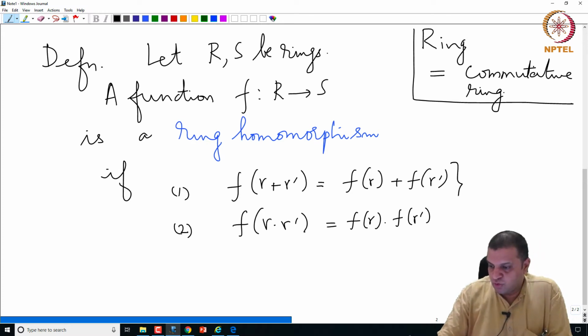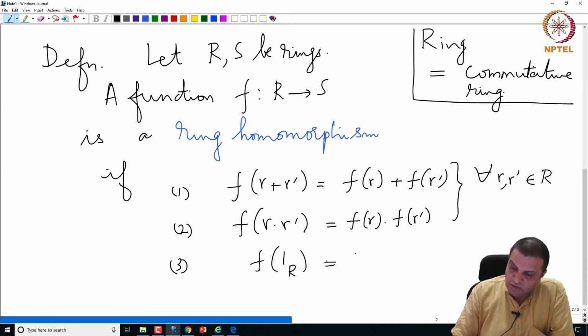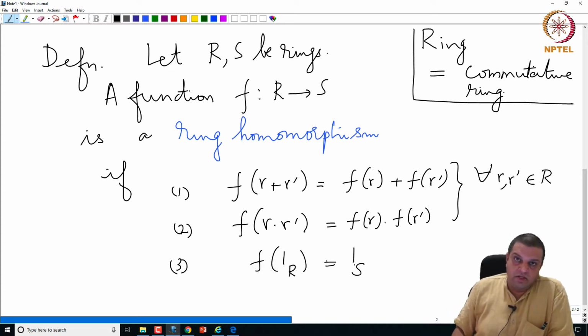And these two should be true for every pair of elements r and r prime inside R. And 3, f takes the multiplicative identity of the ring R to the multiplicative identity of the ring S. So this is what we say is a ring homomorphism.